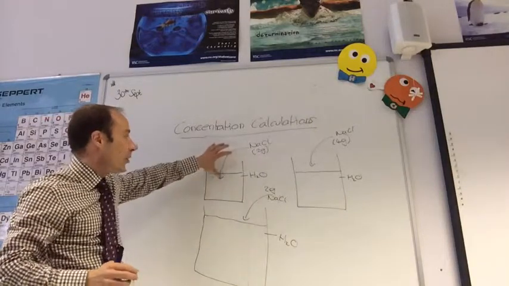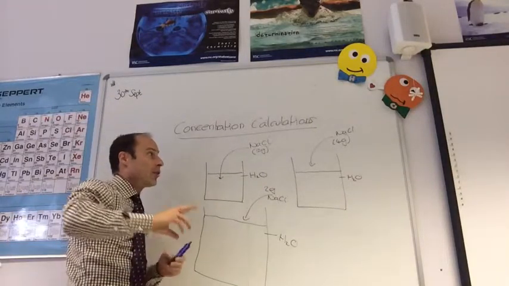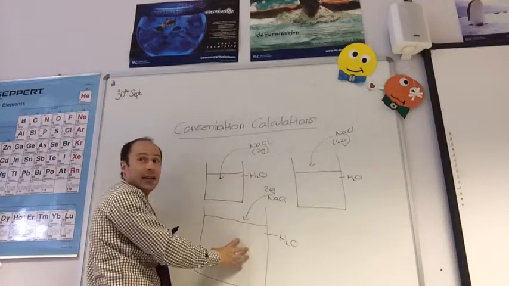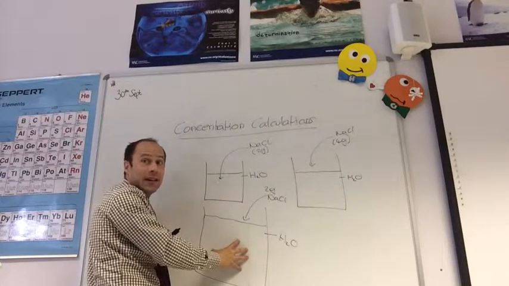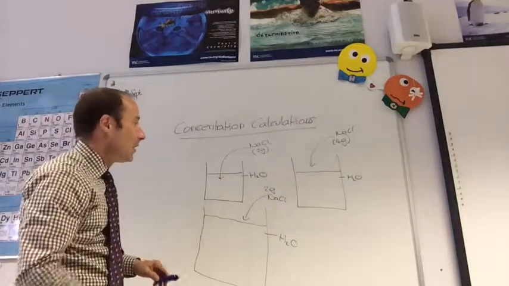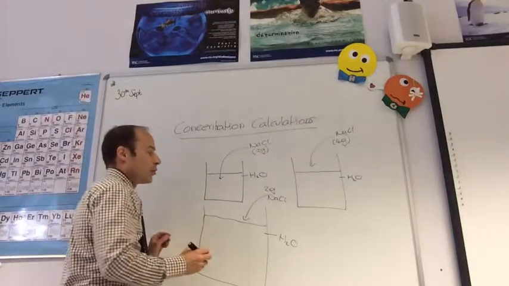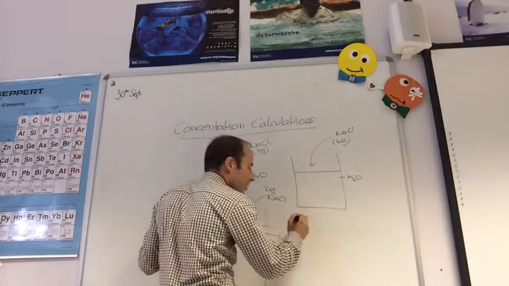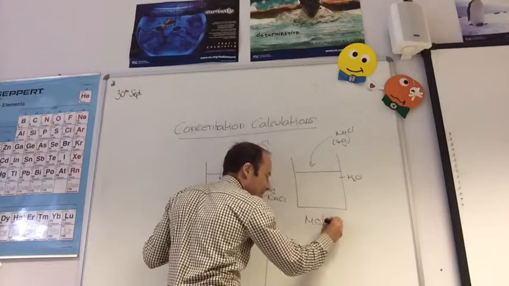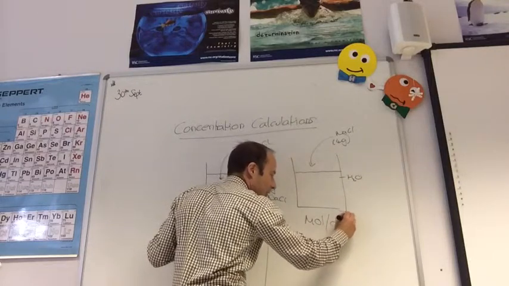I need to know 2 things to work out concentrations. I need to know how many moles I've added and the volume of water I've added it to, to be able to give you a concentration. And we work out concentrations, the unit for concentrations is the mole per decimeter cubed.